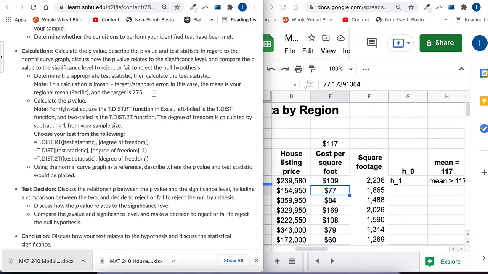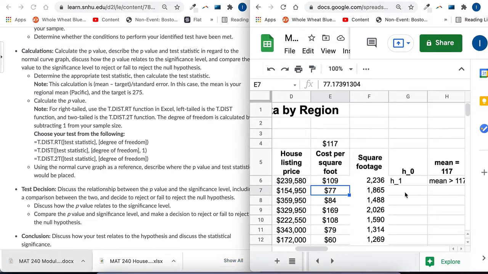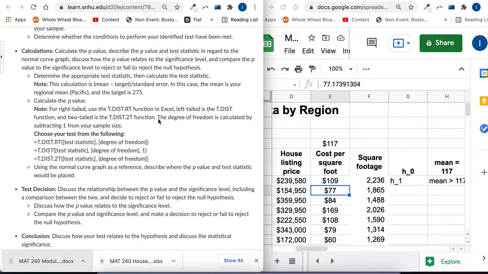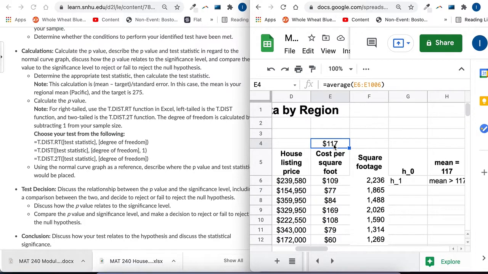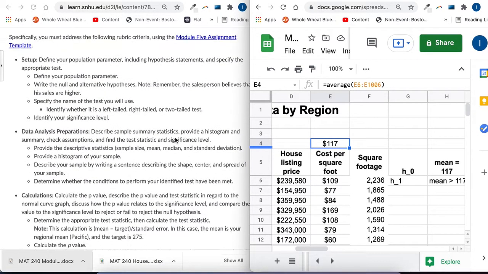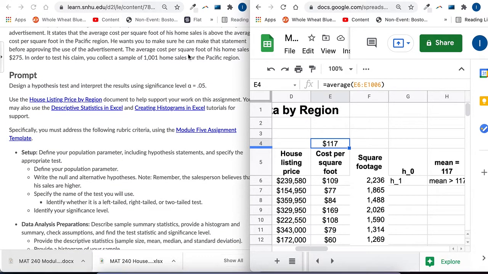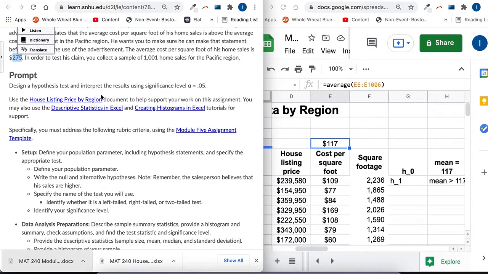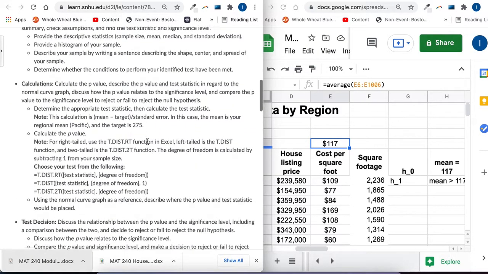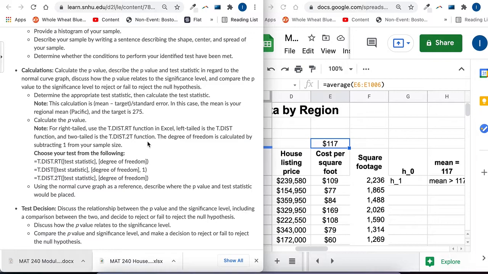Okay, so the calculations. This is probably what people are usually watching the videos for. Determine the appropriate test statistic. So this is a mean, right? We calculated a mean, and we're comparing it to another mean. Up here, they say he has an average cost per square foot. This person has an average cost of $275. So this is a hypothesis test of means, and we have two main tools for that.